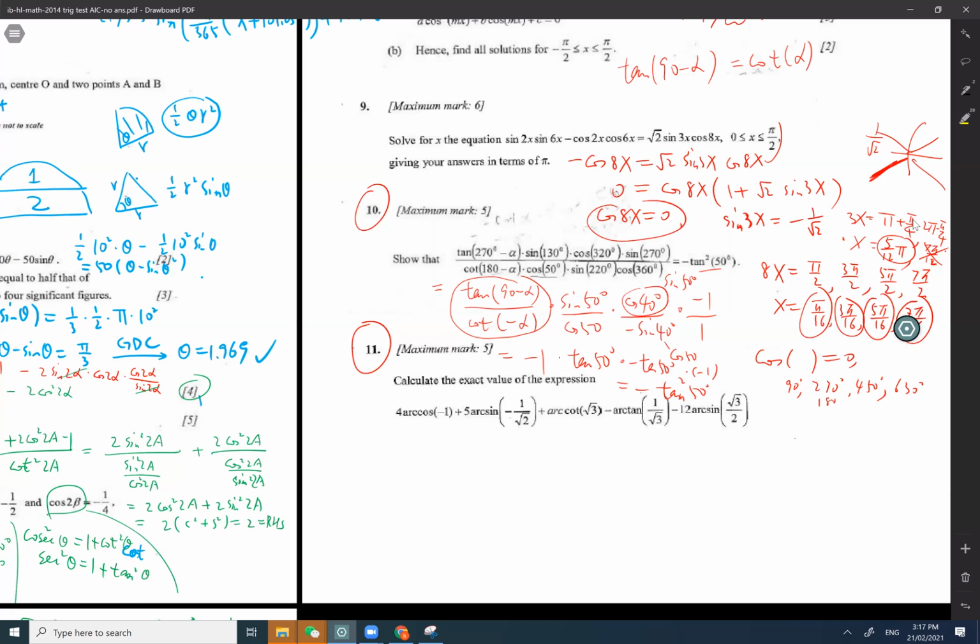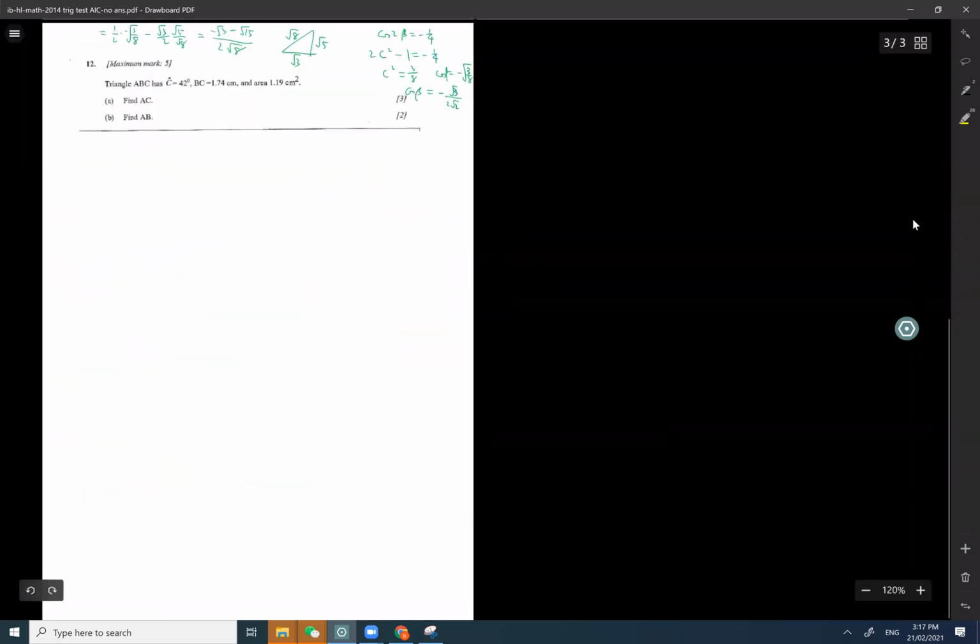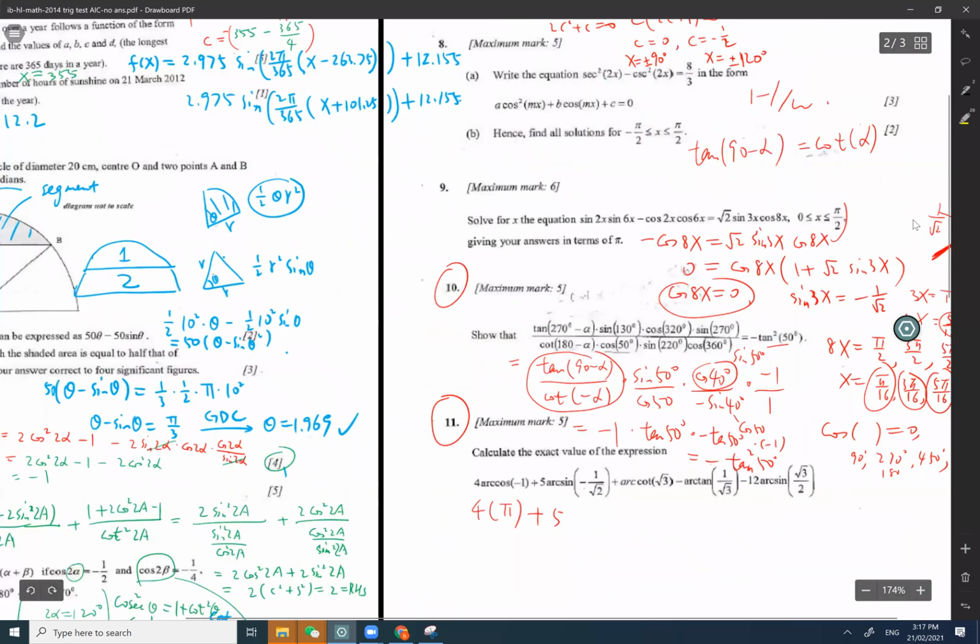Exact value. Cos inverse negative 1 will be pi. Sine inverse of negative this will be negative pi over 4. Cot inverse root 3 is pi over 6.